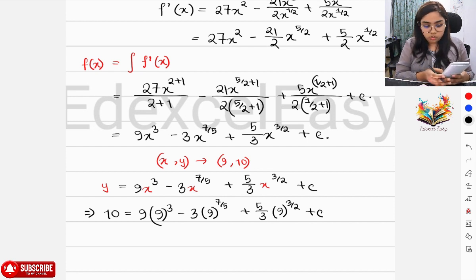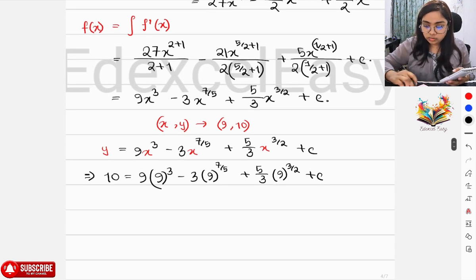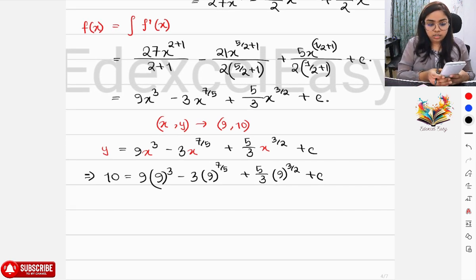So now I'll just calculate all these things on the right hand side together first. 9 with 9 cube multiplied minus 3 with 9 to the power of 7 by 5, which you can also write as 3.5, that's totally fine, plus 5 by 3 with 9 to the power of 1.5.